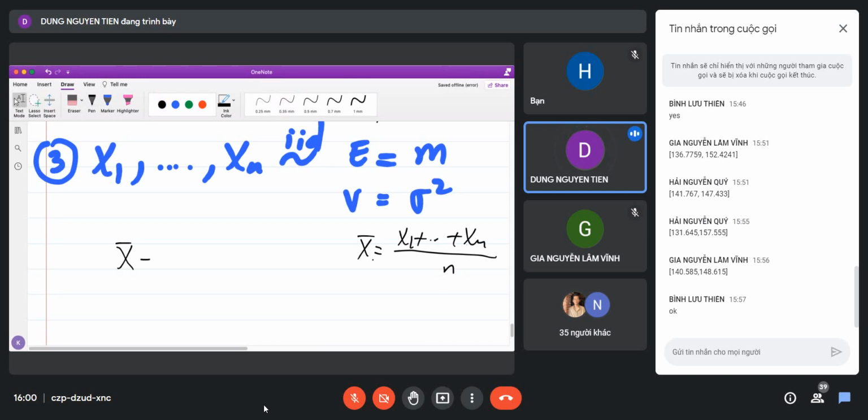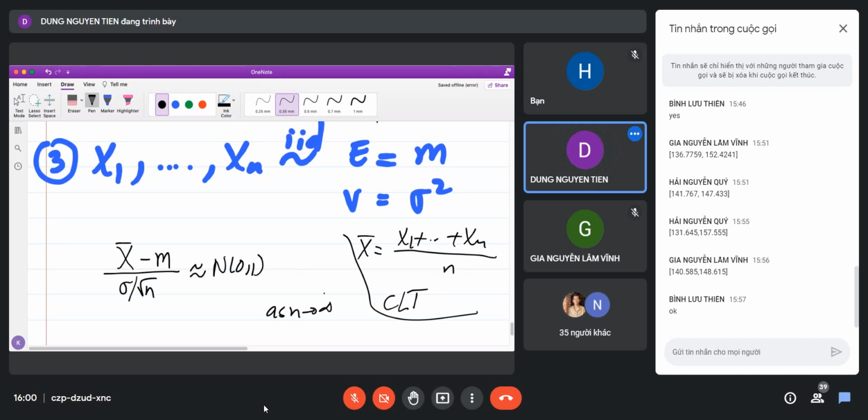There's no way. But we are very lucky because if n is large enough, the central limit theorem helps you to approximate the distribution of x bar. So (x bar minus m) over (sigma over the square root of n) approximately follows the standard normal distribution when n is large enough.